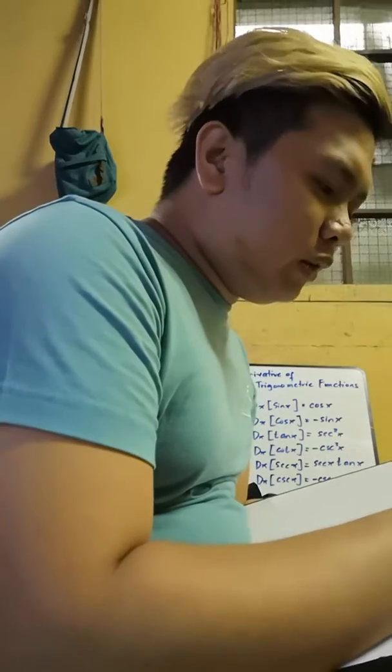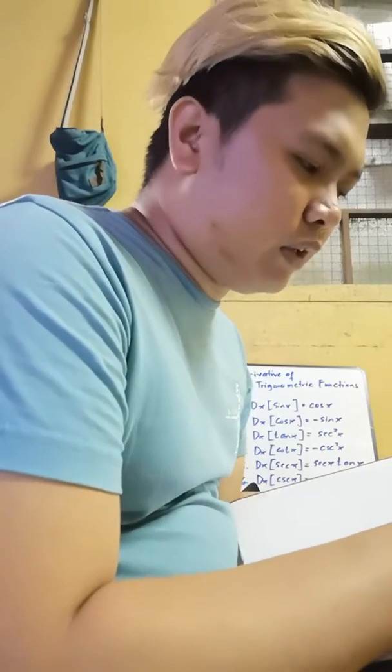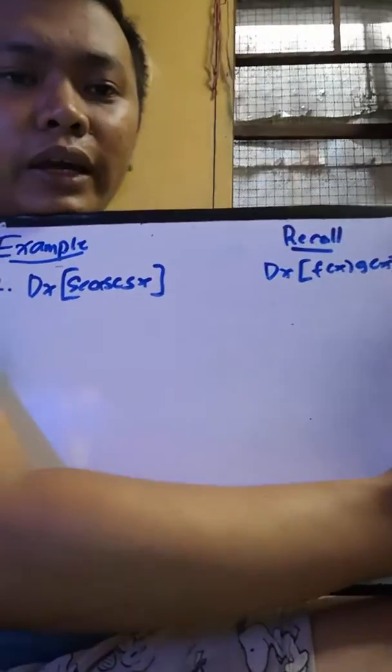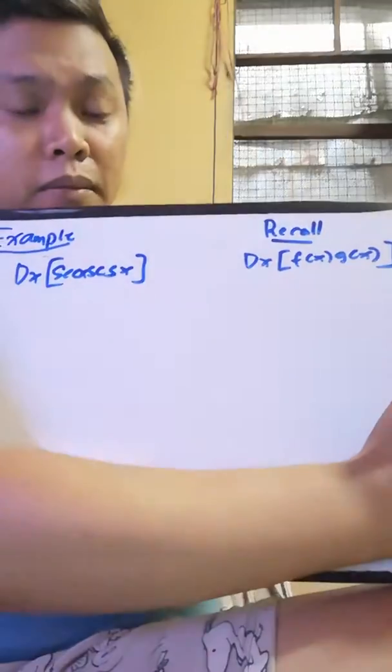Ano ba yung product rule? Let me recall it first kung nakalimutan nyo. Ang product rule ay ginagamit if you are asked to get the derivative of the product of two functions. Let me say, meron kang derivative ng f of x times g of x.